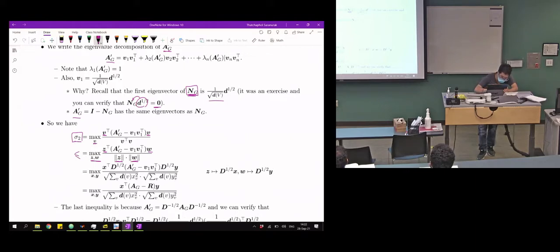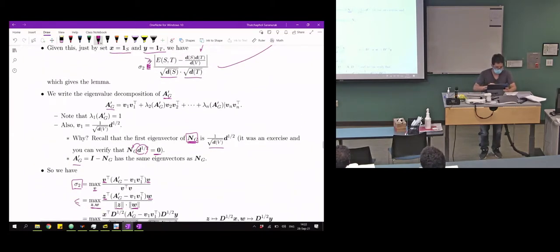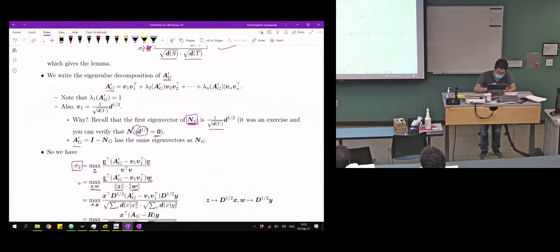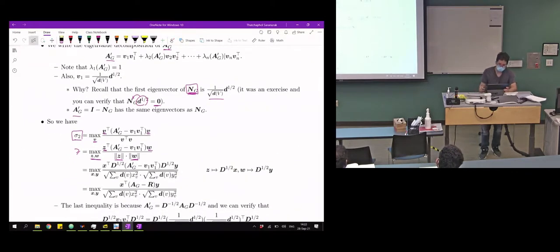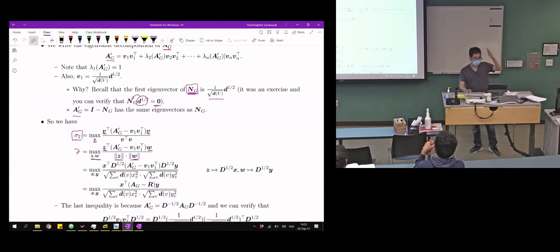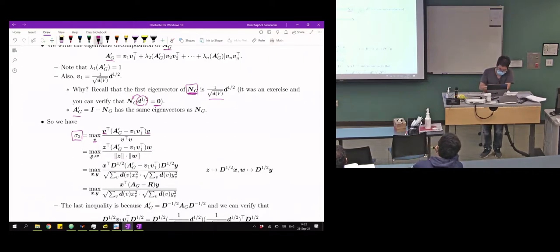So at least this direction should be clear. And we need only this direction actually. Oh no, we need this direction, sorry. So this direction is true too, because the one that maximizes it will be just the same vector.